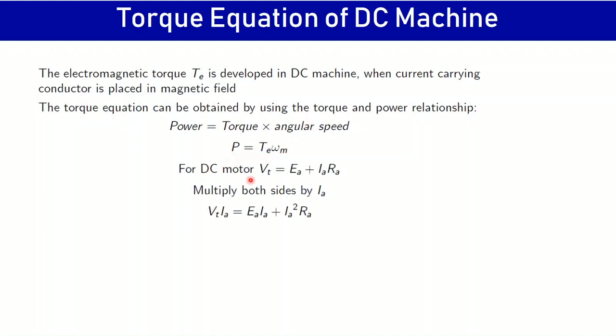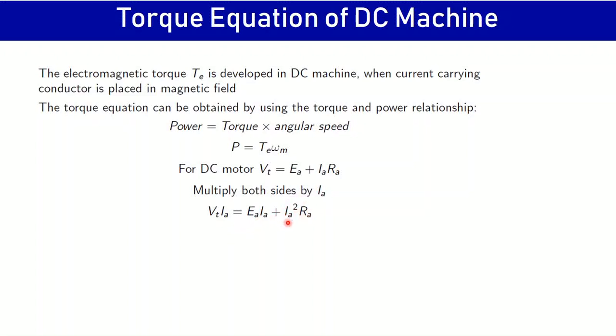So for a DC motor, just now we got this expression that terminal voltage is equal to the back EMF plus Ia into Ra, where Ia is the armature current and Ra is the resistance of the armature. If we multiply both sides with Ia, we obtain VtIa is equal to EaIa plus Ia square Ra.